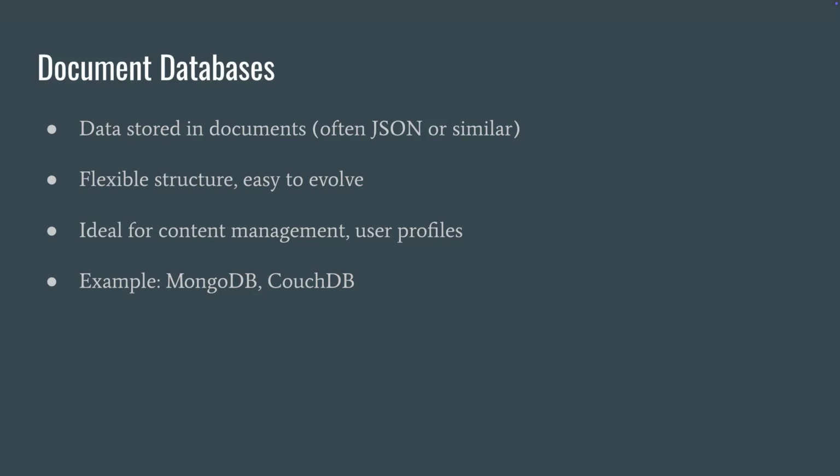A significant advantage of document databases is how well they map to modern programming paradigms. For example, say you are developing in JavaScript, then you will often use JSON, because JSON stands for JavaScript Object Notation. That means you will store data in JSON format.